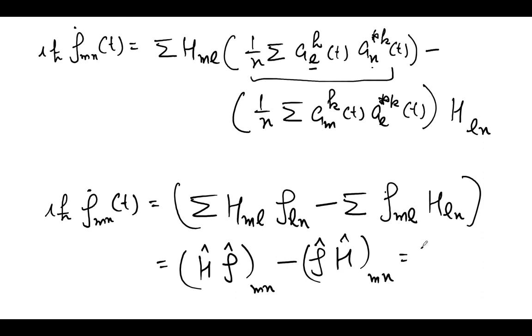So this becomes iħ ∂ρ/∂t equal to the commutator of H operator and ρ operator.